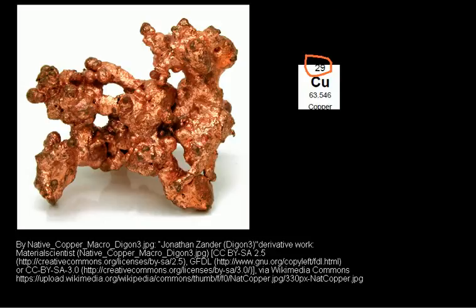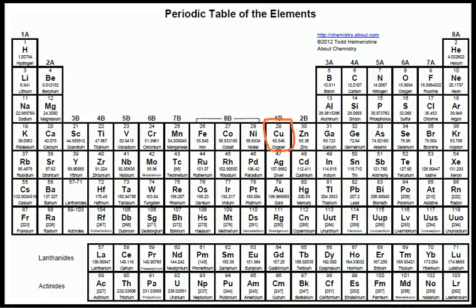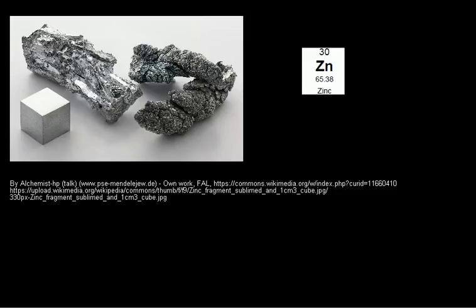If we go back to the periodic table and we look at zinc, zinc is also an element, and its atomic number is 30. So each zinc atom is made up of 30 protons.